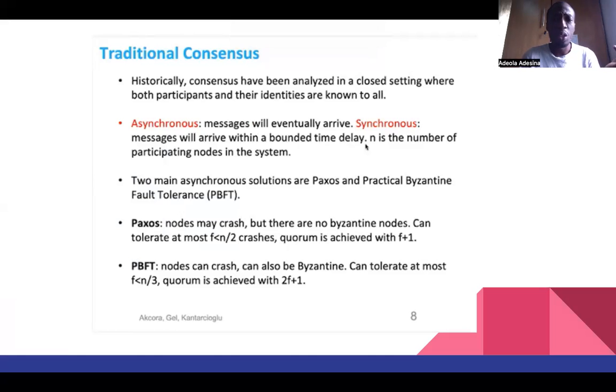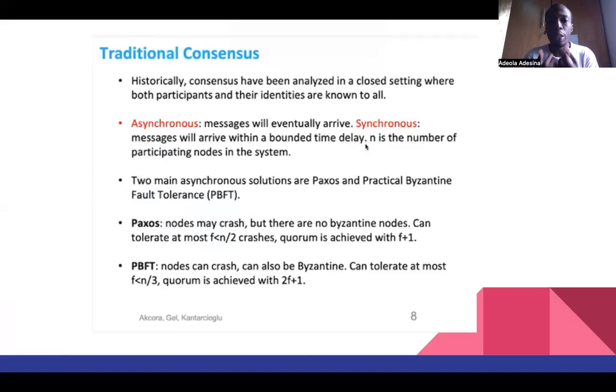Under traditional consensus, we could have two types of messaging. We have asynchronous messaging and we have synchronous messaging. Under asynchronous messaging, messages will eventually arrive, while under synchronous messaging, messages will arrive within a bounded time delay, right?